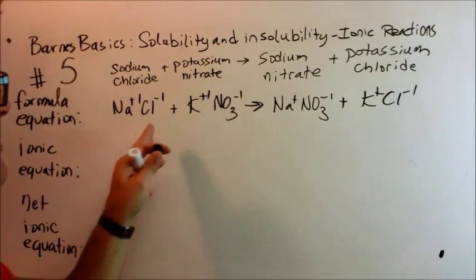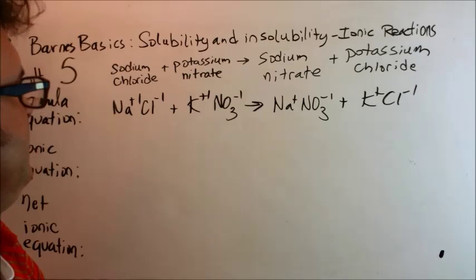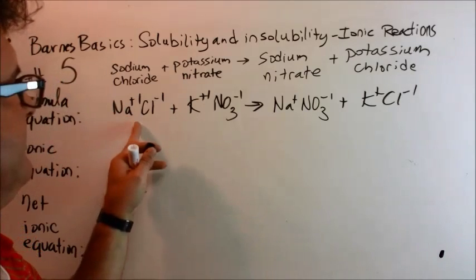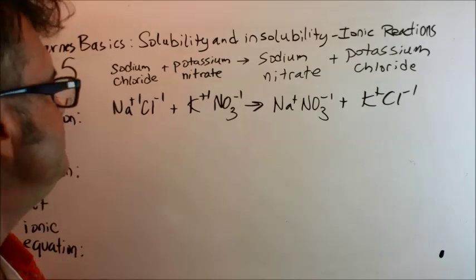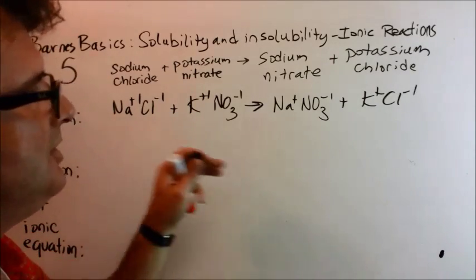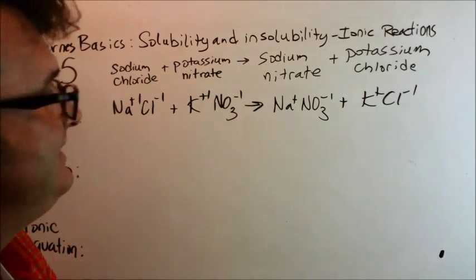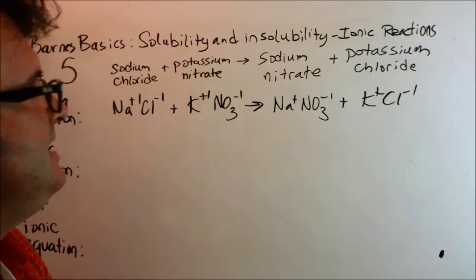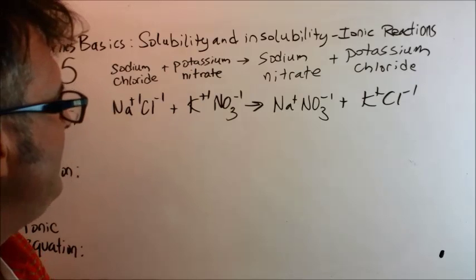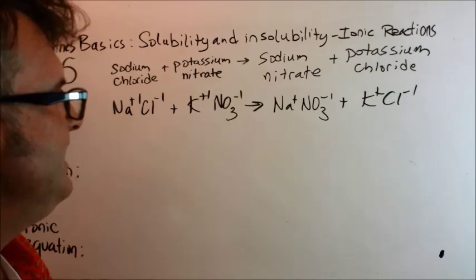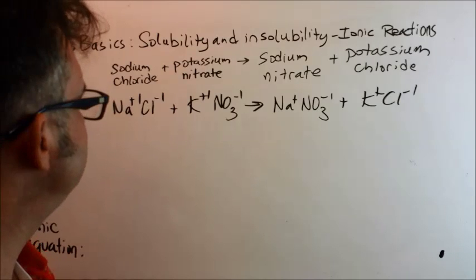So when we look at each one of these individual formulas, there's really not a lot of work to do in each one of these compounds. Everything is neutral as it stands, so pretty easy. One sodium, one chlorine, one potassium, one nitrate. This is kind of a little bit boring, just a little bit. But let's do this. I kind of went out of turn this time, but that's okay.